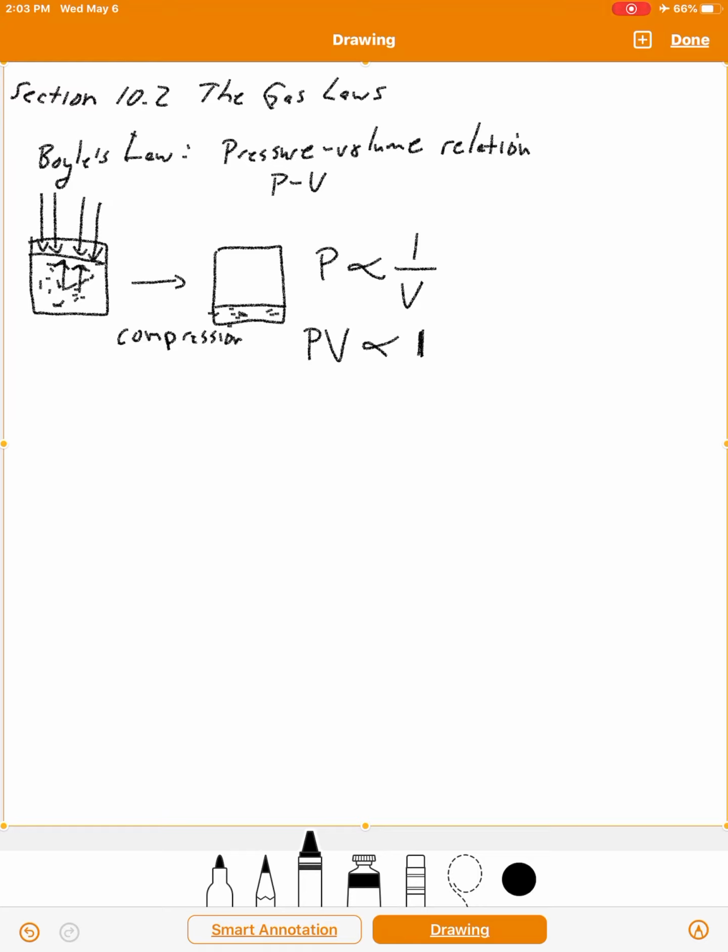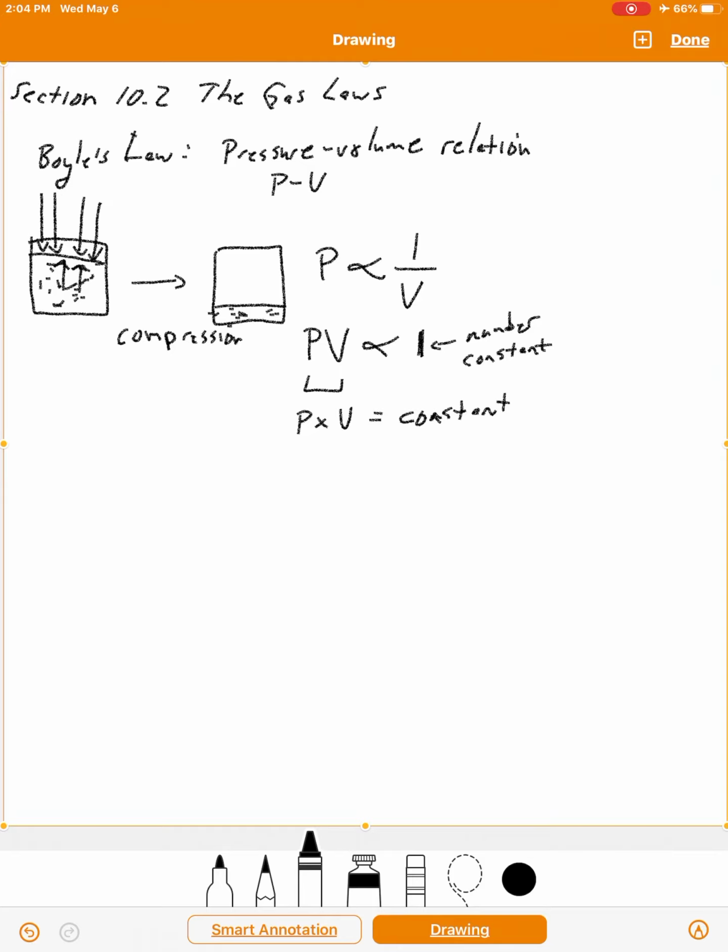So what that tells us is 1 is a number, right? And in the sciences, we call a number a constant. 1 is 1, it doesn't change. So what that tells us is that the pressure times the volume, P times V, is equal to a constant. Okay? And that's called Boyle's Law.